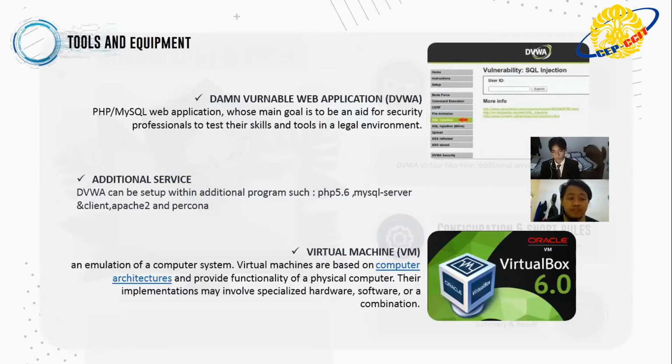And additional services are PHP 5.6, MySQL server and client, Apache 2, and Percona. And for the virtual machine, we use Oracle VirtualBox. This VirtualBox will be used to virtualize Linux Ubuntu for this project.